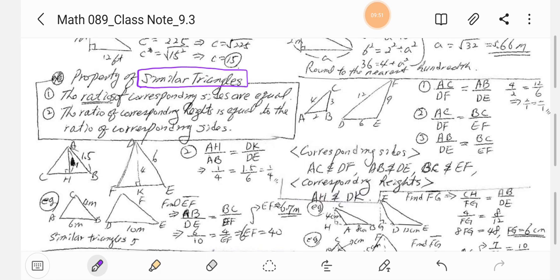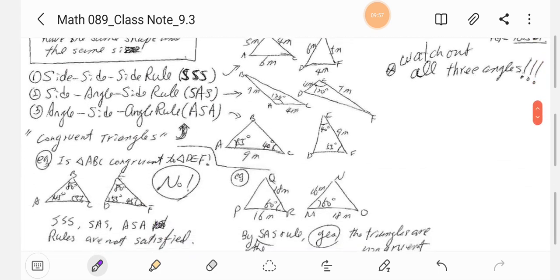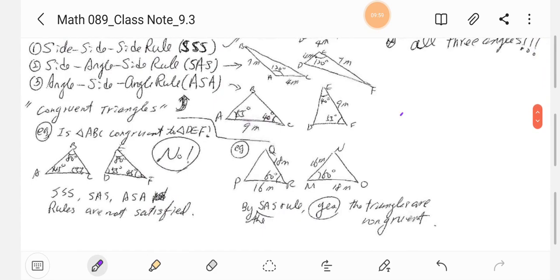So these triangles have the same corresponding angles. There are three different angles, right? Three angles.